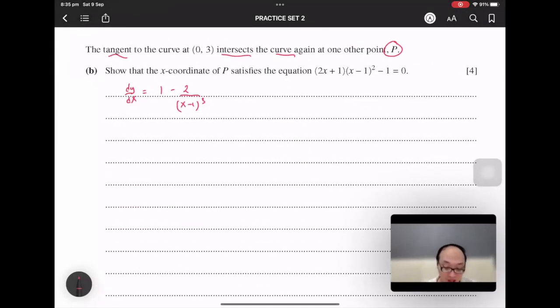Yes, correct. So we replace the coordinate x = 0. So dy/dx = 1 - 2/(0 - 1)^3, and (0 - 1)^3 is negative 1. So 1 - 2/(-1), so 1 + 2 = 3.